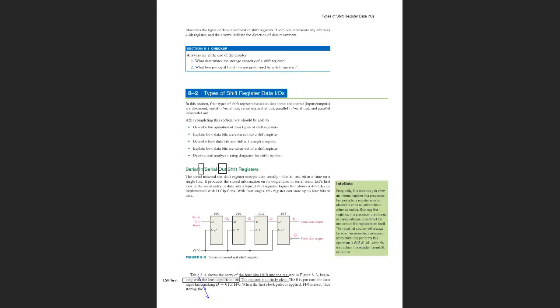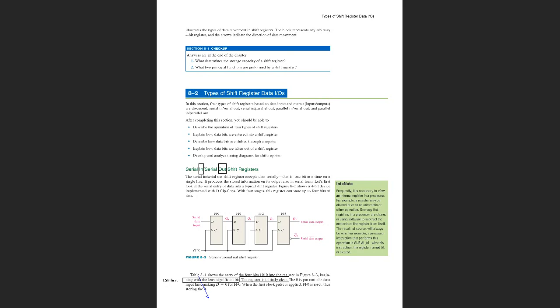So let's have serial data input at the leftmost side of the picture, and serial data output at the rightmost position. The first flip-flop, flip-flop 0, is at the leftmost position, and flip-flop 3 is at the rightmost position here.